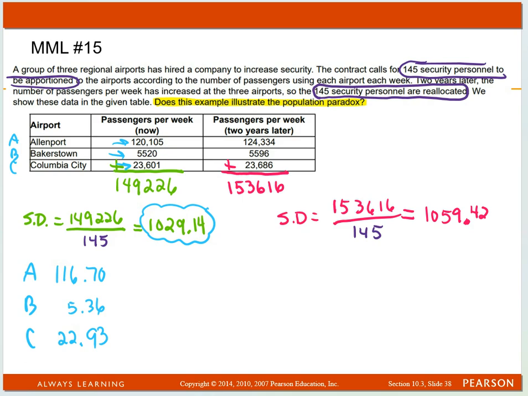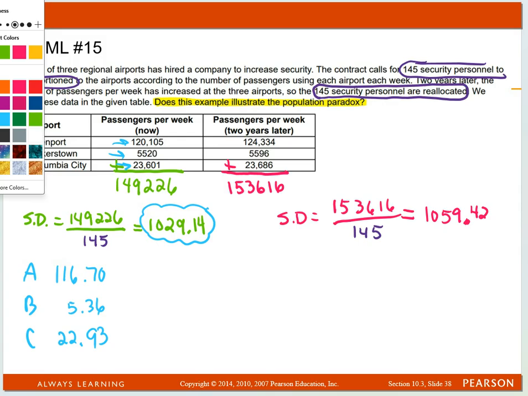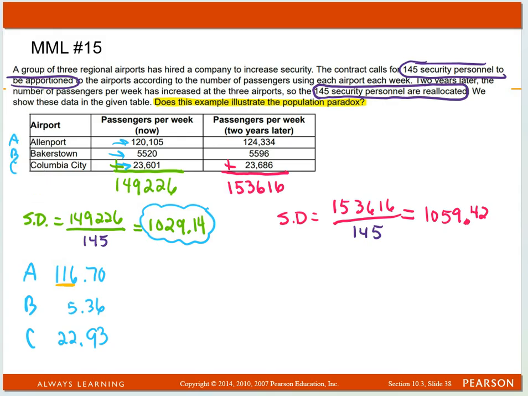So Hamilton, as you recall, would look at the whole numbers: 116, 5, and 22. We add that up. Does it come out to be 145? Nope, it's only 143. So there are 2 more seats, and they would go to the 2 largest. 0.93 is the biggest, 0.70 is the next biggest.